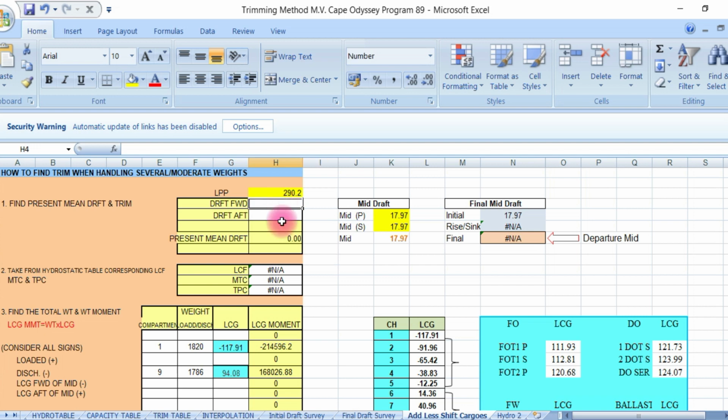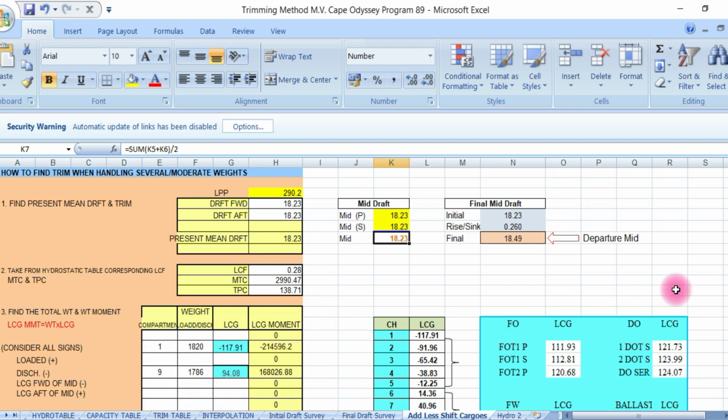Okay, put here 18.23 and 18.23. Okay, and here 18.23, 18.23. Okay.